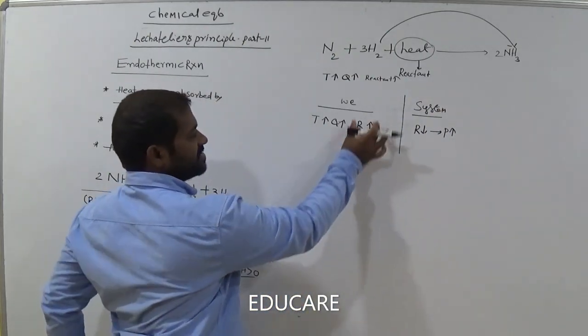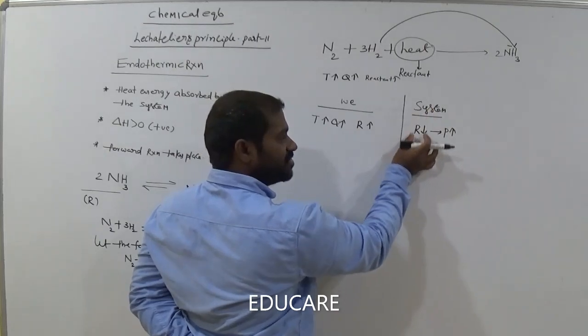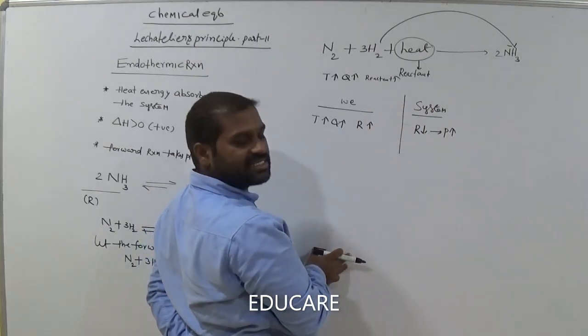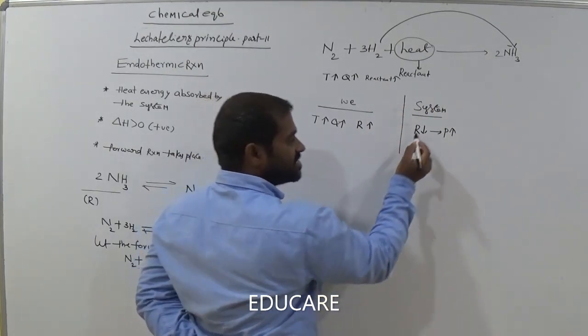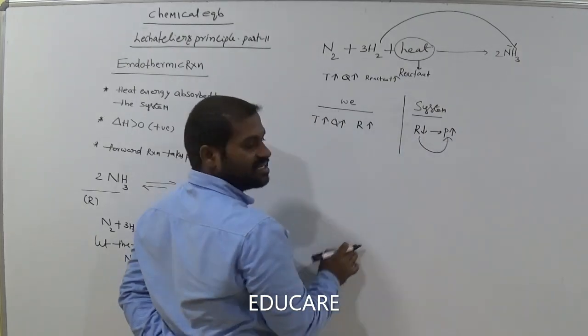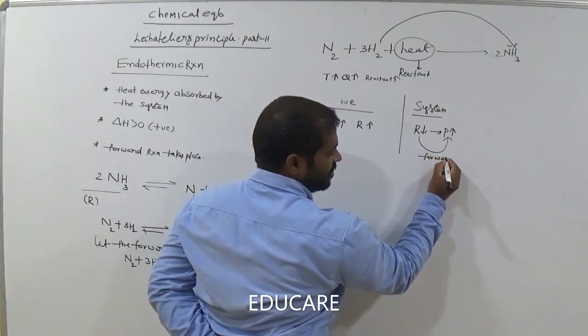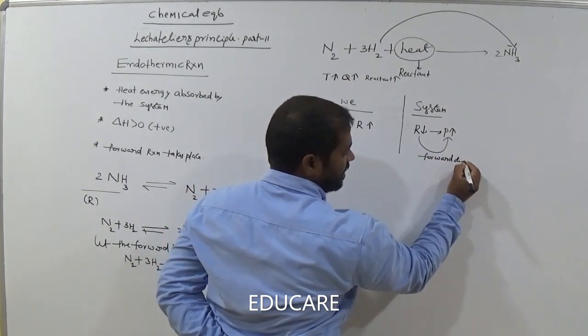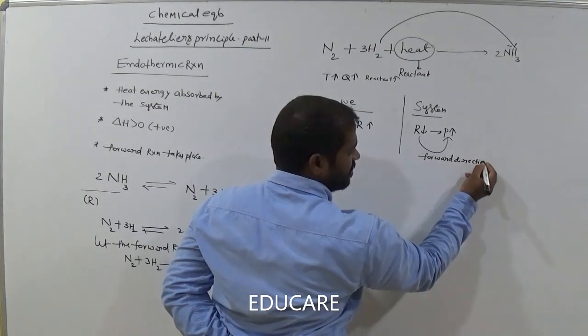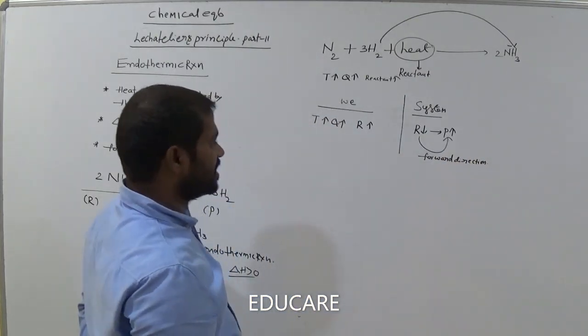We increase the concentration of the reactants, so the system tries to decrease the reactants' concentration, which increases the product concentration. So which direction is it now? Forward direction. Is it clear?